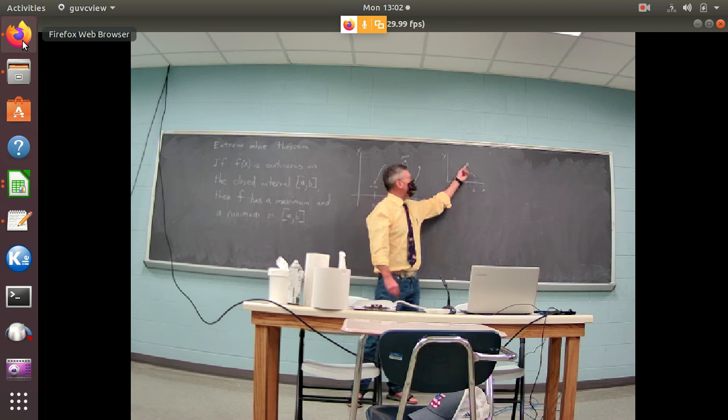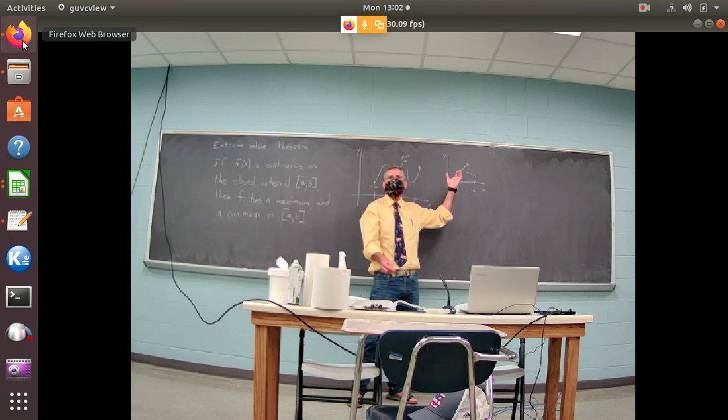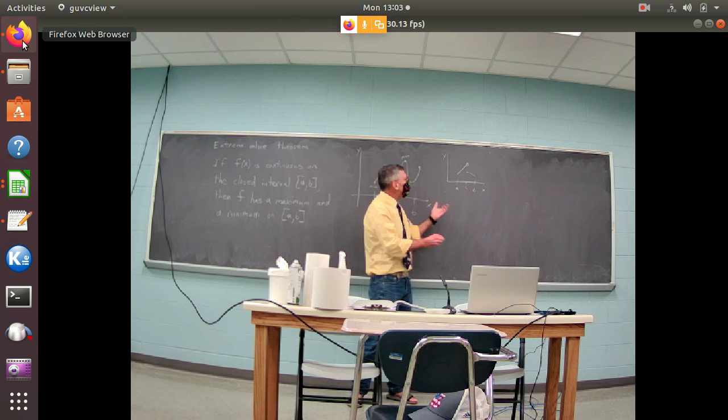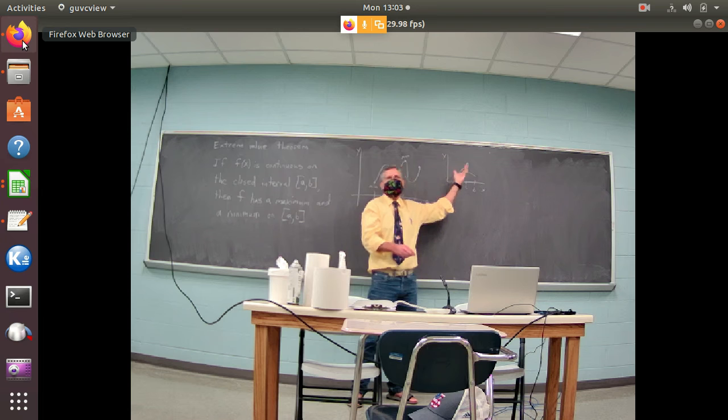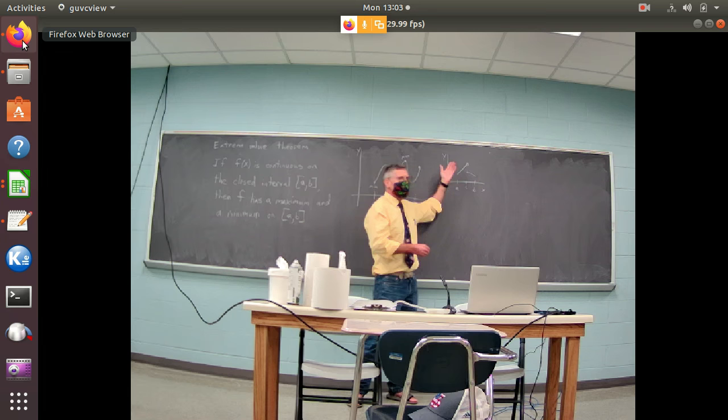If I'm at C minus 0.001, that has some function value, but if I go closer to C, like C minus 0.0001, that'll be a bigger value according to this picture. So if I don't have continuity, it is possible that I don't achieve a maximum.